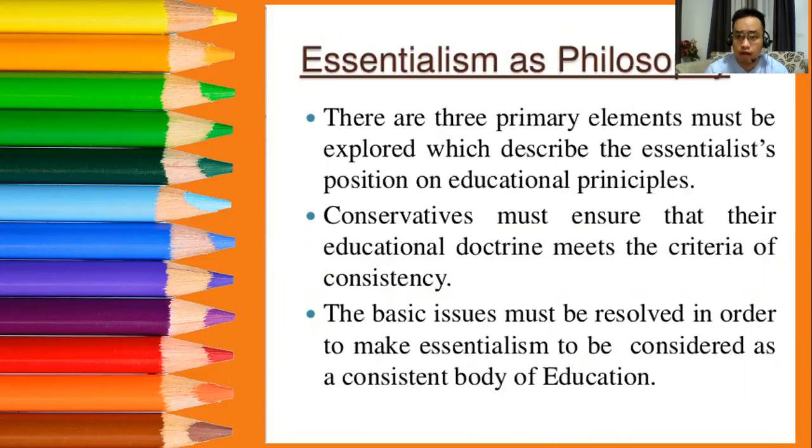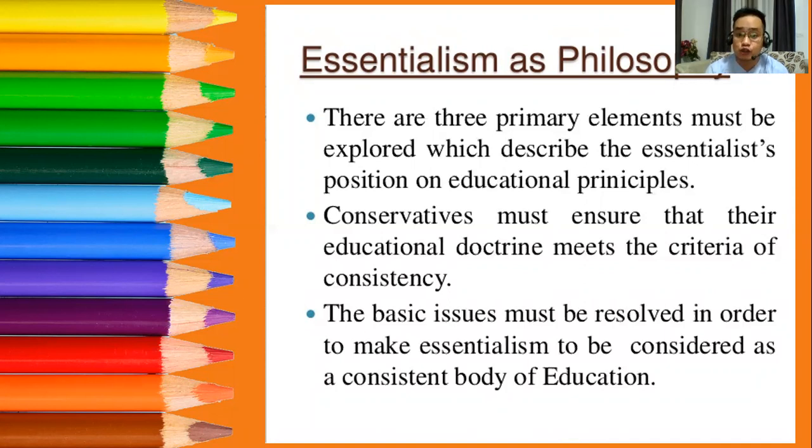Essentialism as philosophy. There are three primary elements that must be explored which describe the essentialist position on educational principles. Conservatives must ensure that their educational doctrine meets the criteria of consistency.